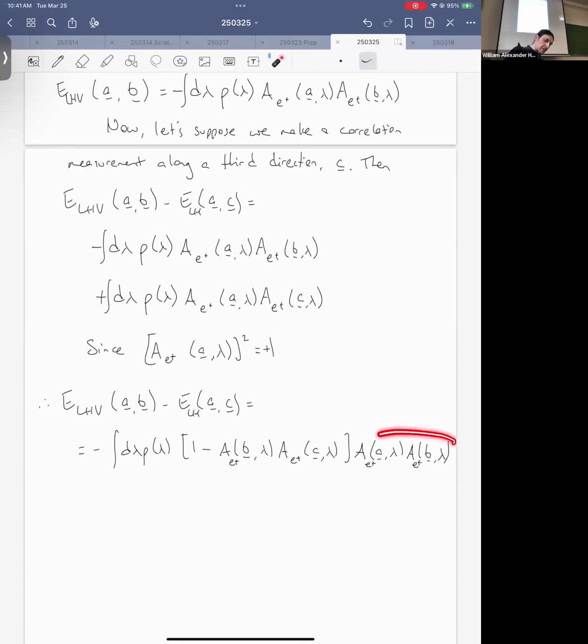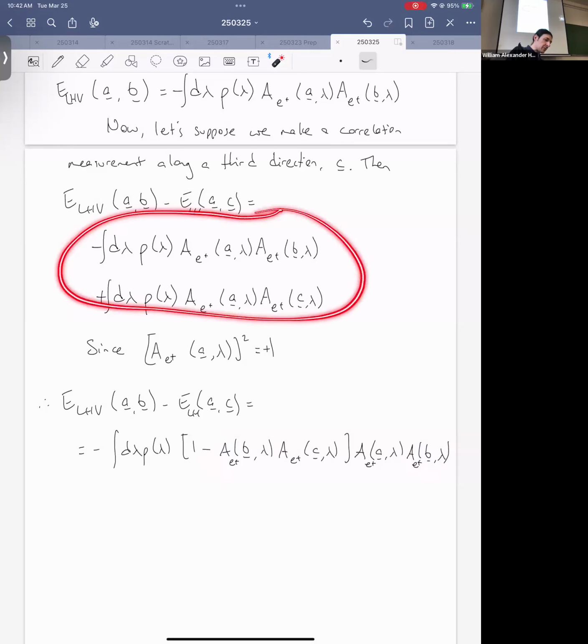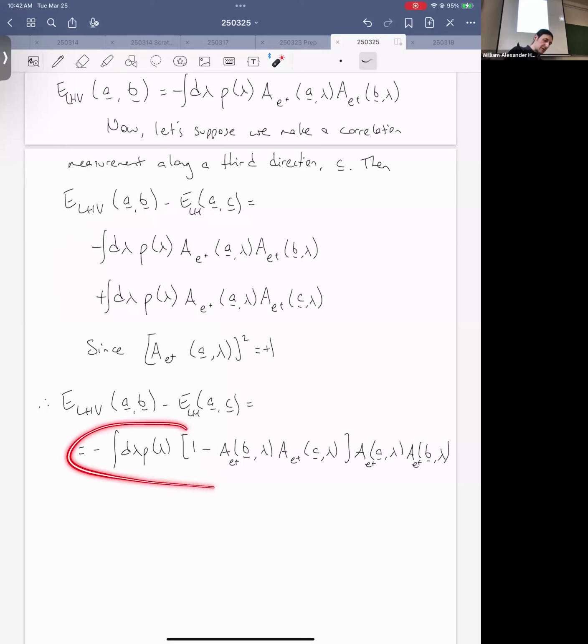Right? So if I multiply the a vector, b vector through, I get the a vector, b vector for the first term. And then in the second term, I have A of b squared, which is just 1. So I've done a little bit of clever footwork. And this expression on the right-hand side is the same as this new expression on the right-hand side.